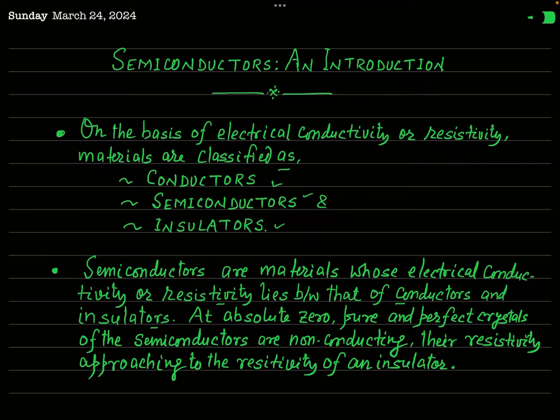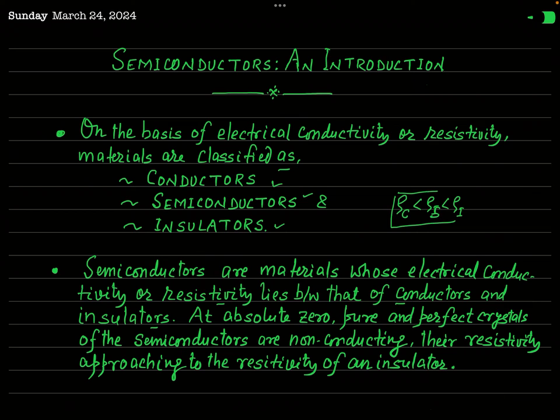So if you denote the resistivity by the symbol rho, and the subscript C denotes conductor, then the resistivity of a conductor is less than the resistivity of a semiconductor, and this is less than that of an insulator.